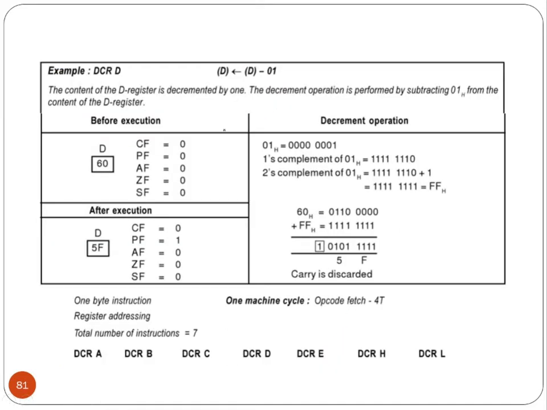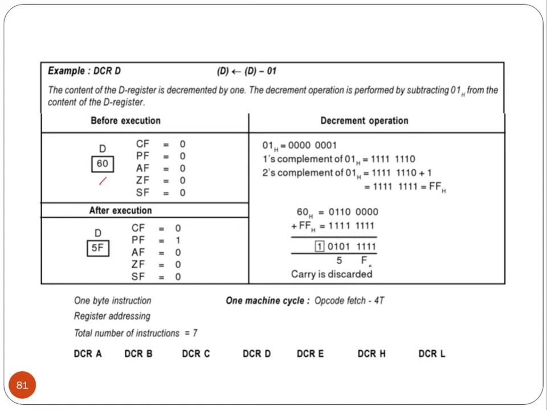Let's see one example. Here initially the content of the D register is 60. So what is the content of the D register after execution of DCR D? The answer is 5F. Say initially the status flags are like this, all zeros. Here subtraction is performed, that is from the content of the D register, 1 is subtracted by means of 2's complement addition.